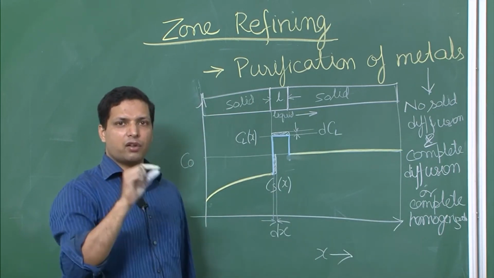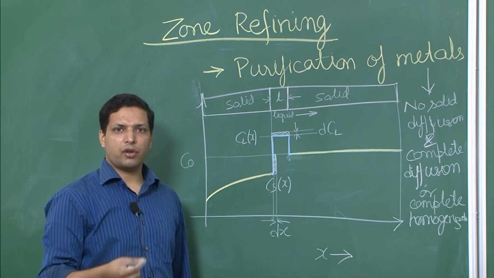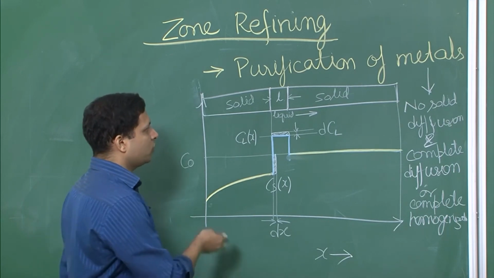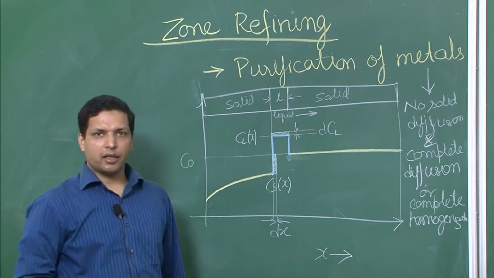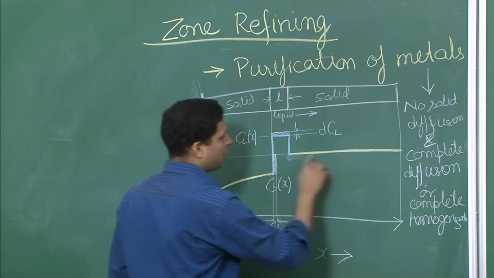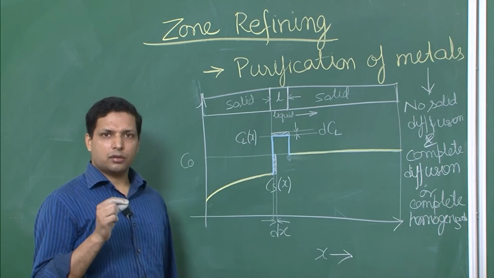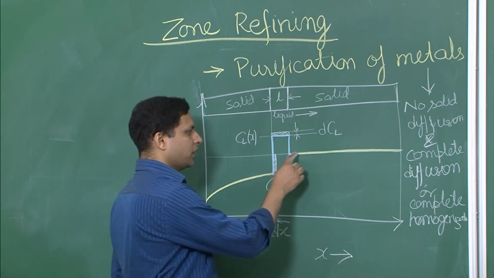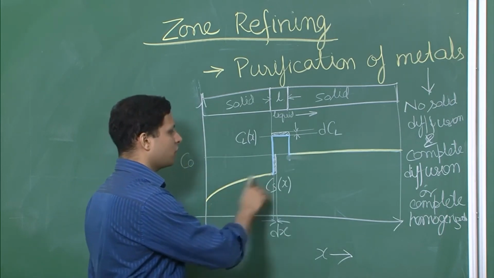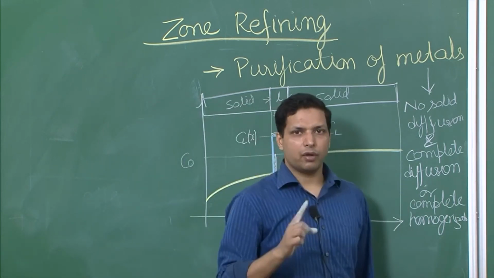You will do it in several passes when you want to purify it further and further. In the equation I am describing right now, we have assumed the concentration C0 is constant, and from there we obtain the concentration of solid that will be there after one pass.